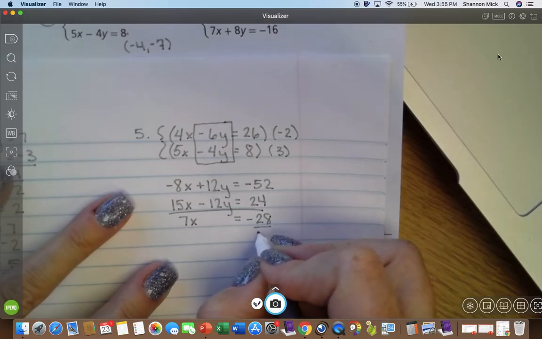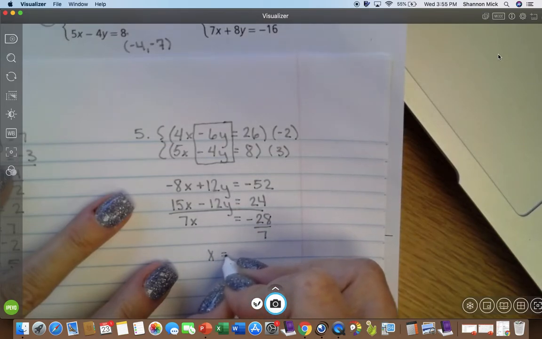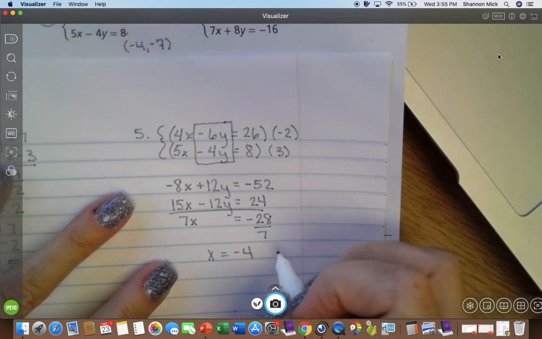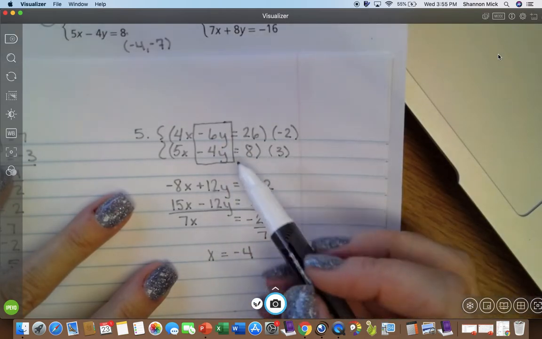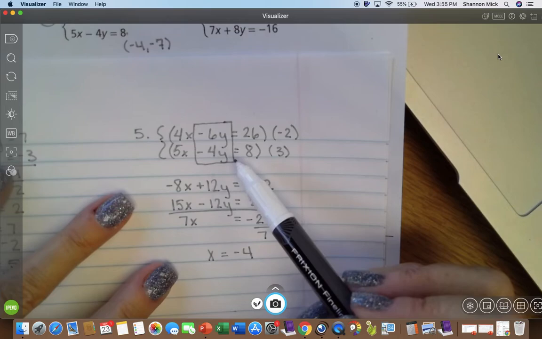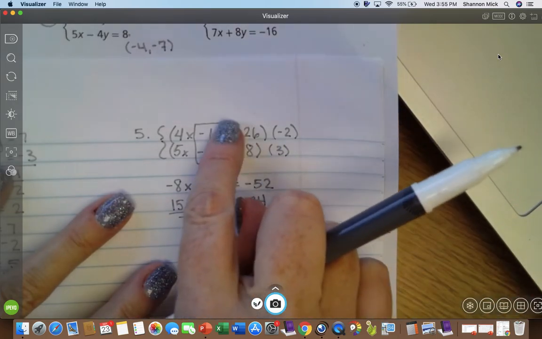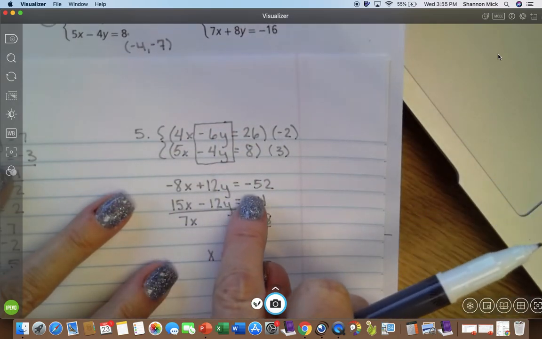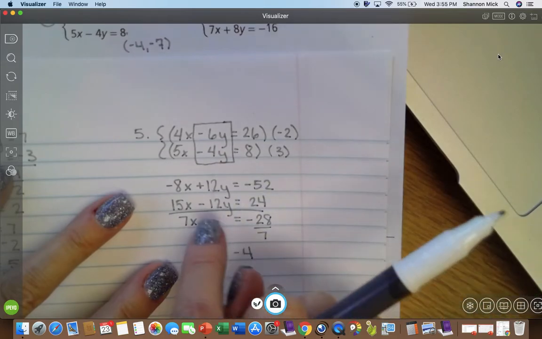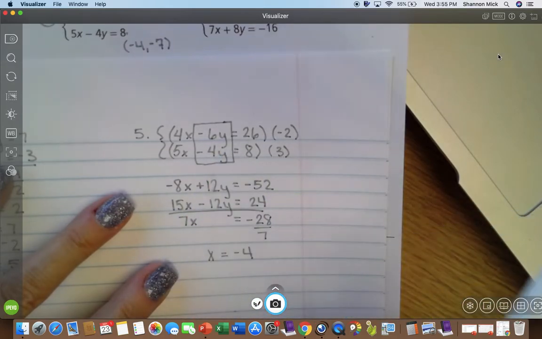And divide by 7, so x equals -4. Now at this point I pick top or bottom. I have equivalent equations here, so this set of equations is actually exactly this set of equations, but I don't want to put it into bigger numbers. I want to put it into smaller numbers.